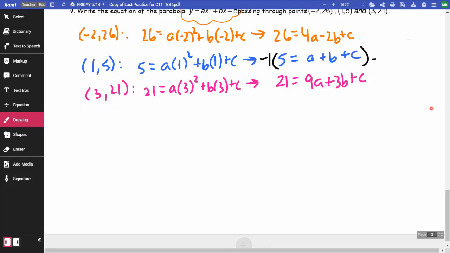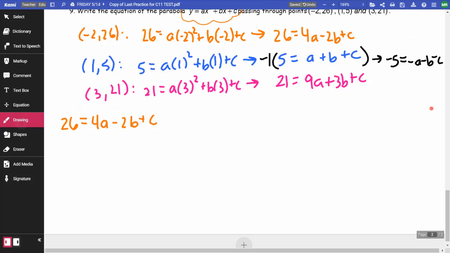So that is going to give me -5 is equal to -a minus b minus c. And I'm going to use that with each of the equations. So let me start with my orange one. 26 is equal to 4a minus 2b plus c.